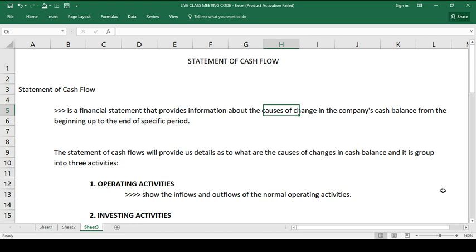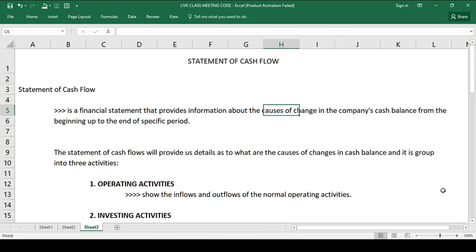So in order for us to identify ano po ba yung mga causes bakit tumaas, bumaba yung balanse ng cash natin sa balance sheet. For example, 1 million nung beginning, naging 1,500,000 sa ending.